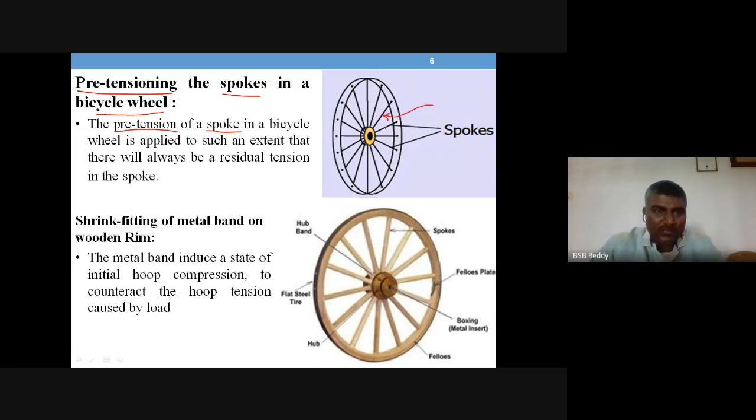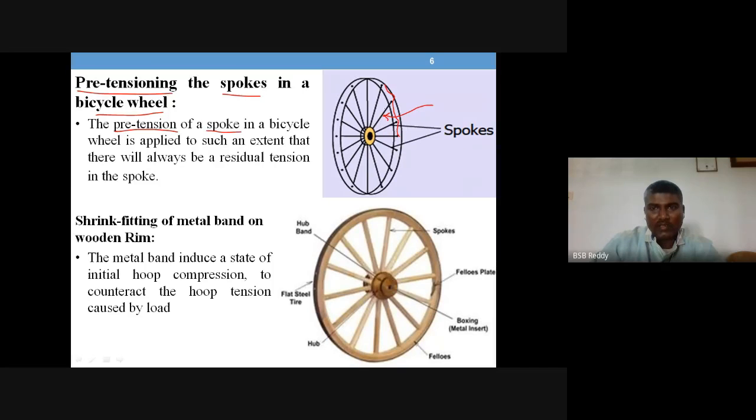What happens if there is no tension available in the spoke? It can't take the compression, hence the problem is for the rim. So you will have local bending of the rim. Okay, so that is a problem.